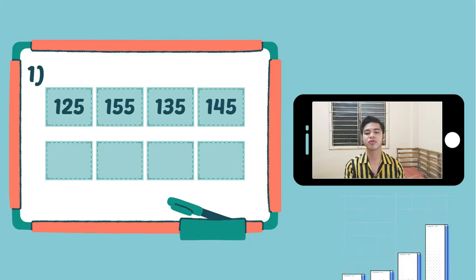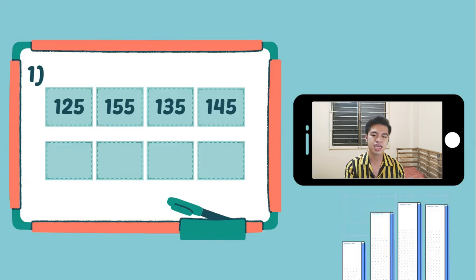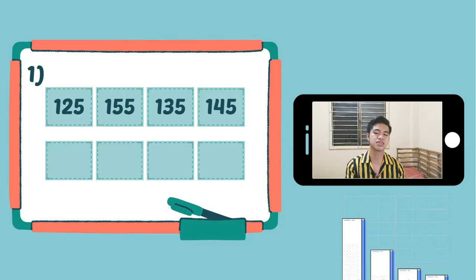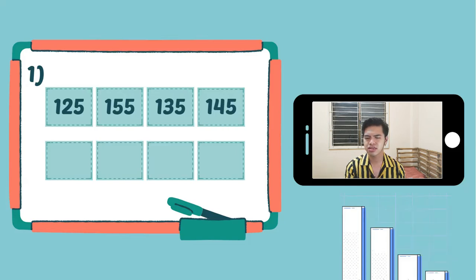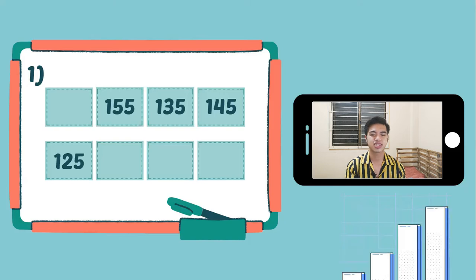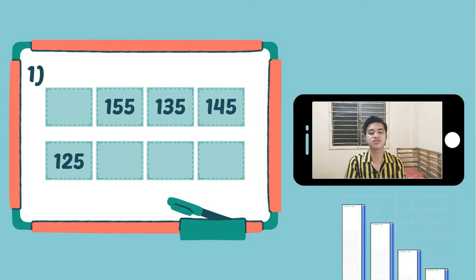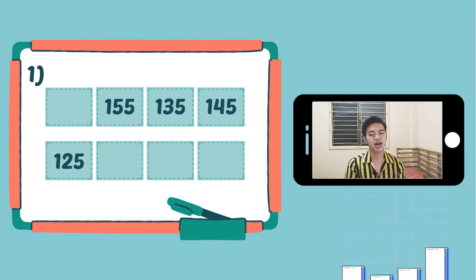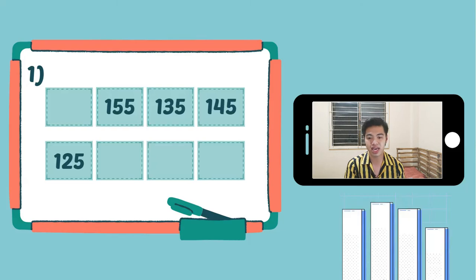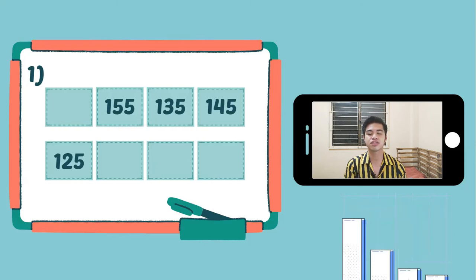Here we have the numbers 125, 155, 135, and 145. We're going to find out which is the smallest number. In this case, it is 125. Now we only have 155, 135, and 145 as the remaining numbers. We will decide which is the smallest among them. In this case, the smallest is 135.